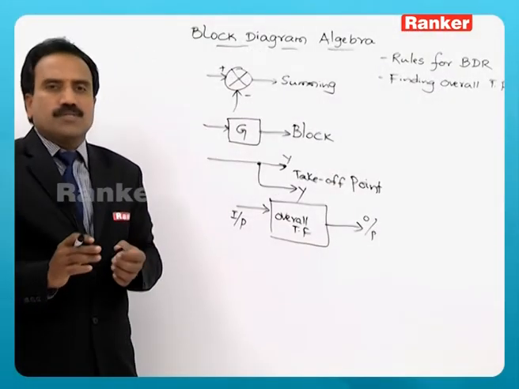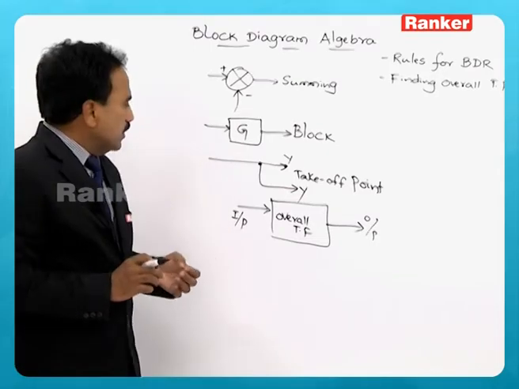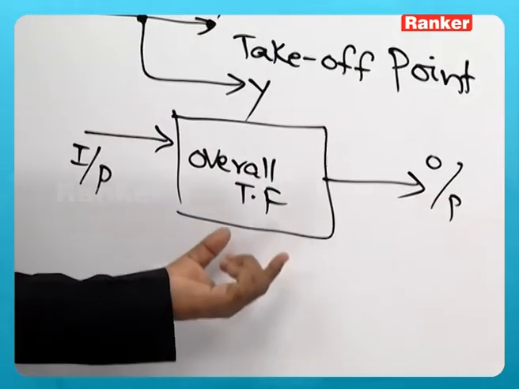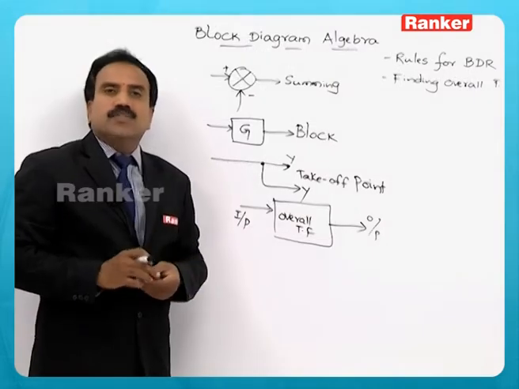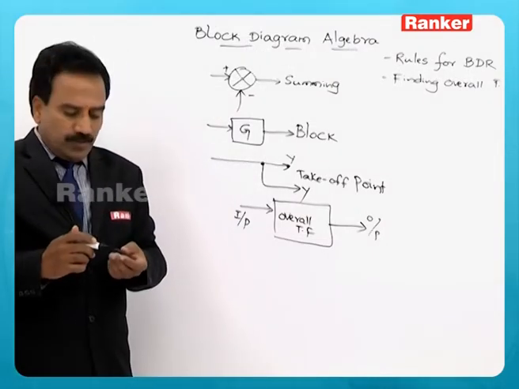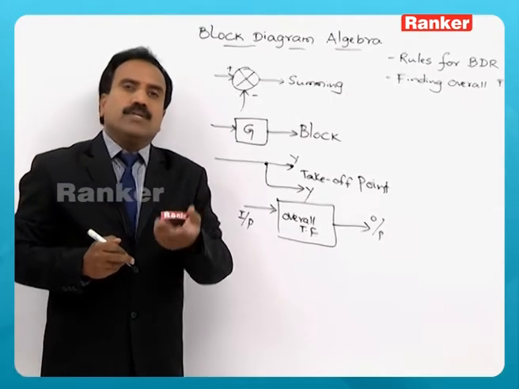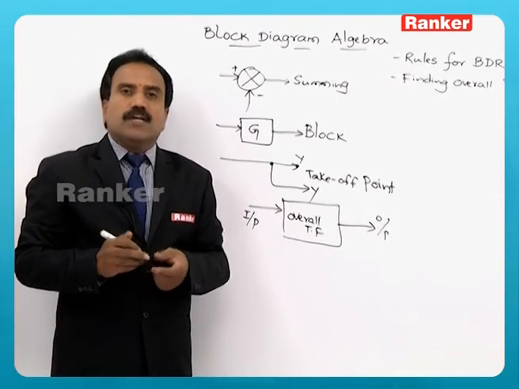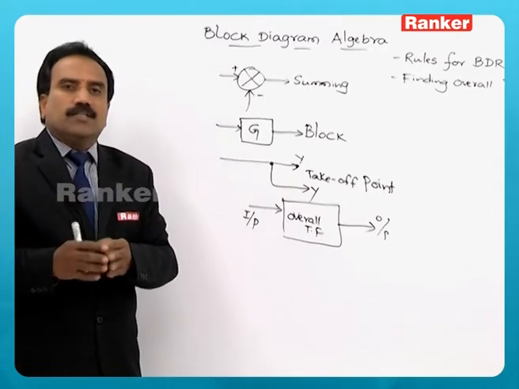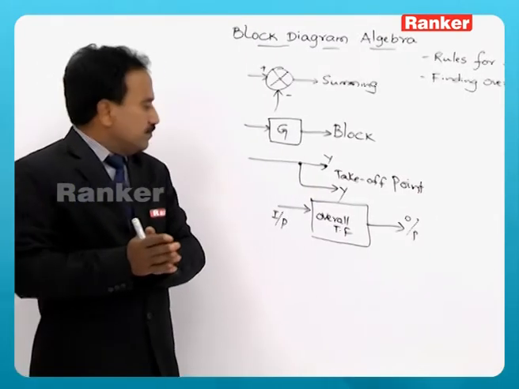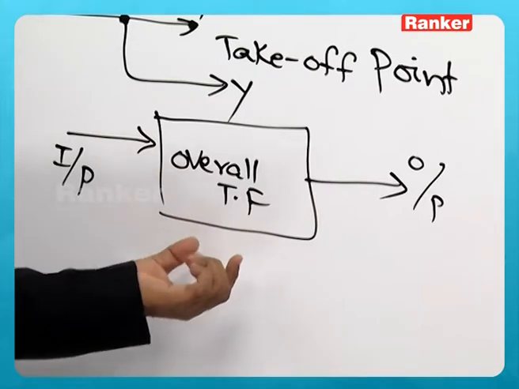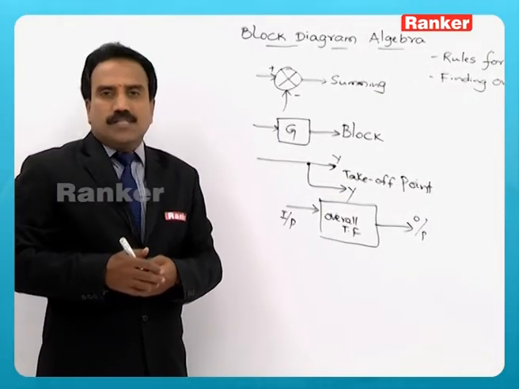So, I need to reduce the given block diagram into a single block whose overall gain is represented in it, then I can do analysis. Doing analysis of each and every component is very laborious and complex. Instead of that, if I get the overall transfer function of the system in terms of a single block, analysis will be very easy.